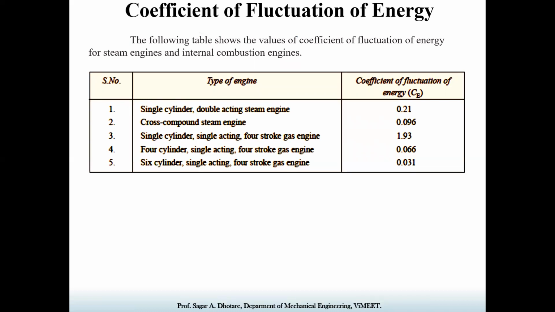With a single cylinder there is more fluctuation, more than double. With a four-cylinder IC engine, the fluctuation is reduced again. As the number of cylinders increases, the dynamic force is reduced and the coefficient of fluctuation of energy is reduced.